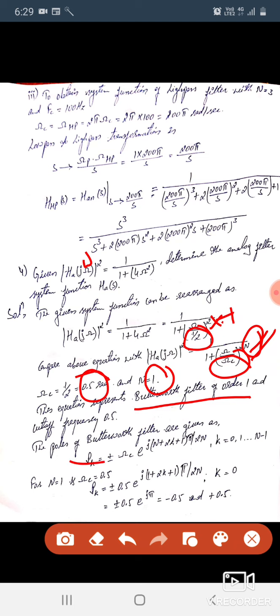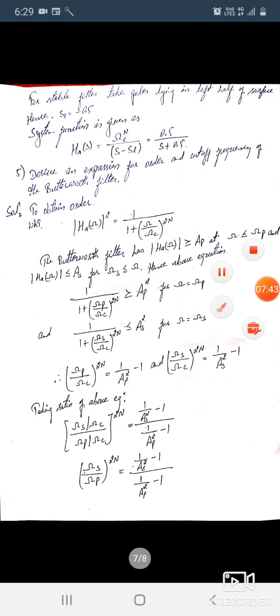Next we have to find the poles of the filter. We know this equation, use that, then substitute for n and omega c, and you will be getting the values here. What is the k value here? Only n equals 1 means the first value, k equals 0. We have to use that. Substitute k equal to 0, then you will be getting plus or minus 0.5 e raised to j pi, equal to minus 0.5 or else plus 0.5.